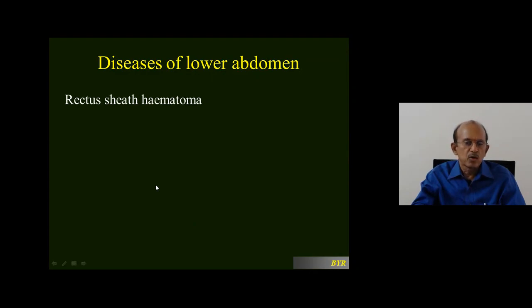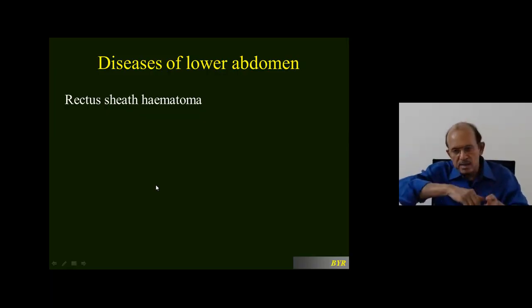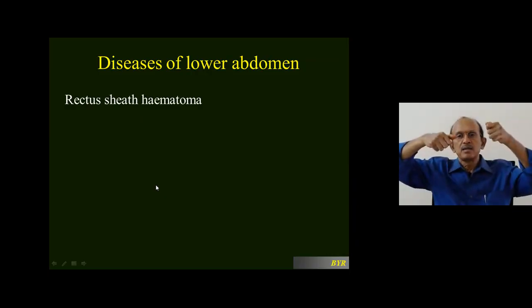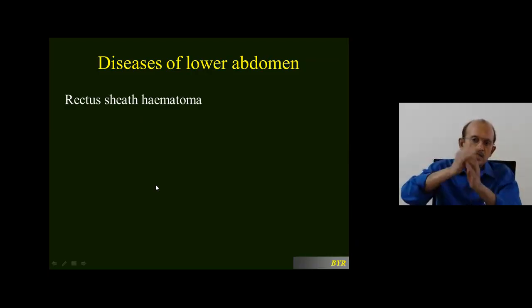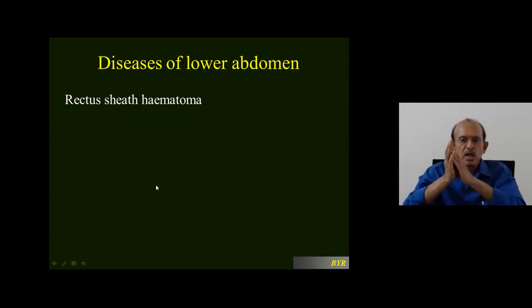Rectus sheath hematoma. This usually occurs acutely. For example, a patient is standing and wants to lift a very heavy weight. So he bends, lifts the heavy weight and stands erect, moving from the bent position to the erect posture with tightly contracted abdominal muscles.